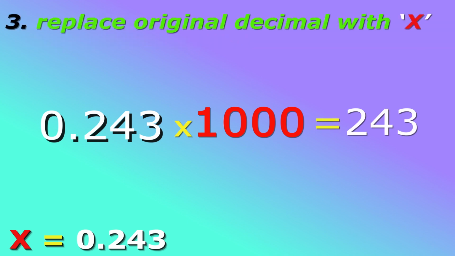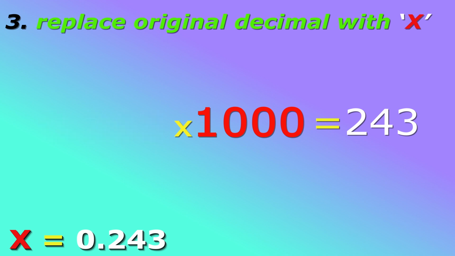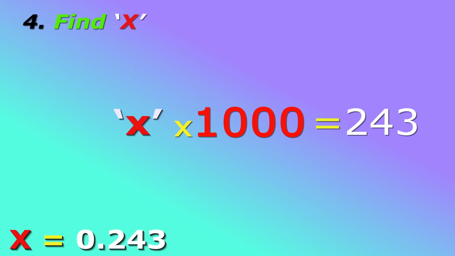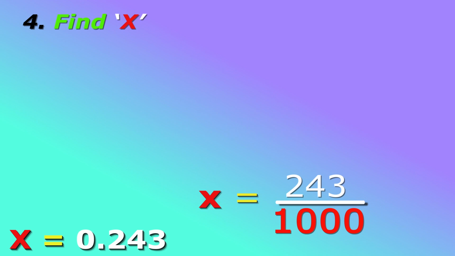For step 3, we replace the decimal with the label x and rewrite the equation. So replacing the decimal gives x times 1000 equals 243. For step 4, we find the value of x by dividing both sides by the number x is multiplied by to get x on its own. So divide both sides by 1000 and we get x equals 243 over 1000.